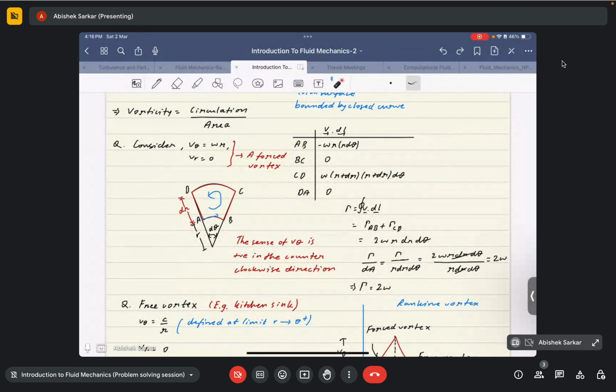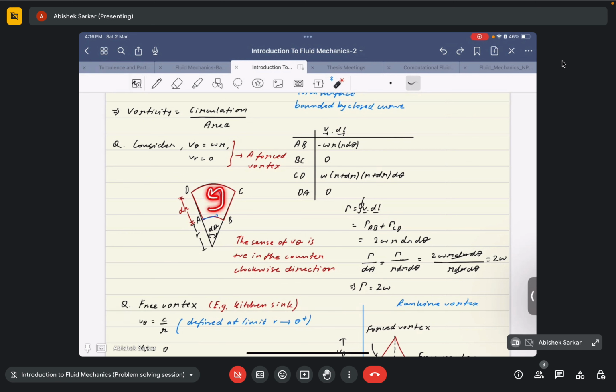And again there is a minus sign, because we are considering the circulation along a particular direction. This evaluation has to be done along a particular sense only. Either you consider all your calculations along the clockwise direction or the anti-clockwise direction.